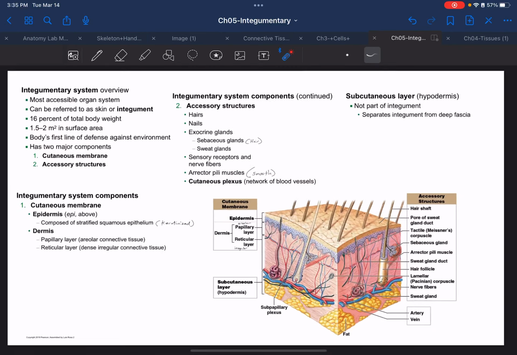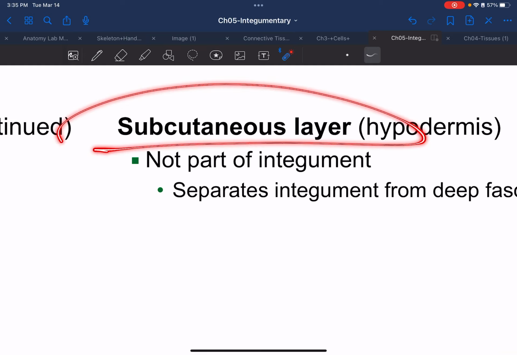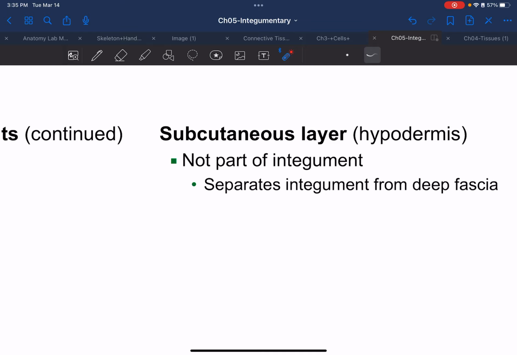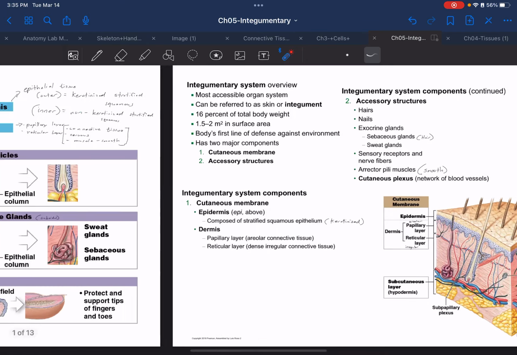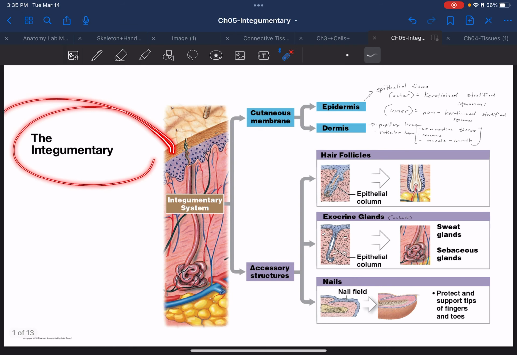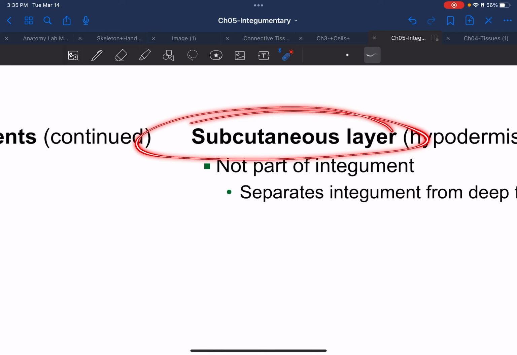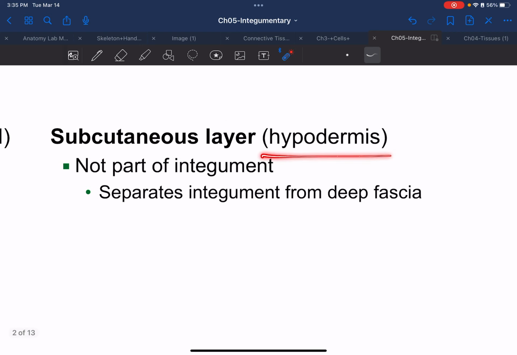And with that, next, when we go here onto the subcutaneous layer, it's going to be our hypodermis. As an FYI, this segment is not considered part of the integumentary system. It's actually not considered part of this system at all, but it is worth noting that it is underneath the dermis. And so sometimes it's naturally just called the hypodermis.